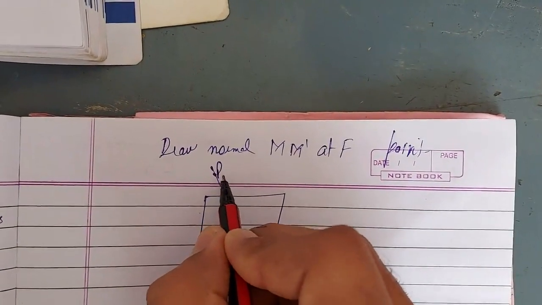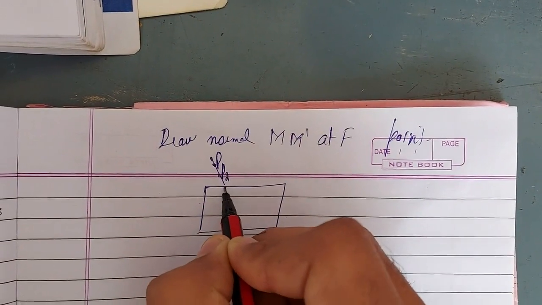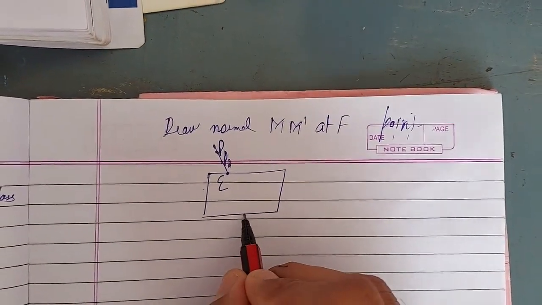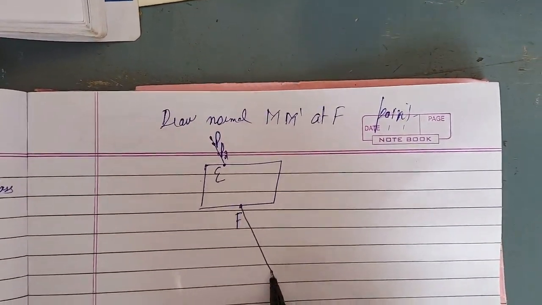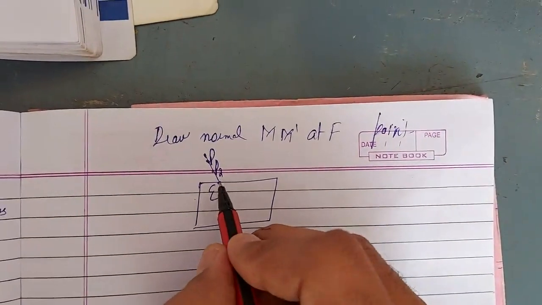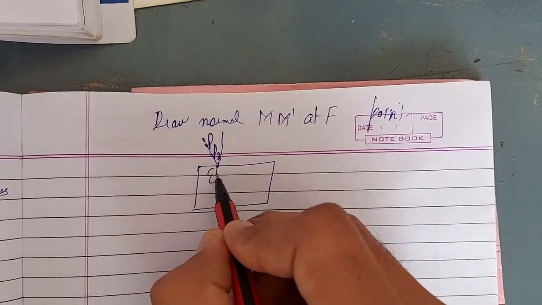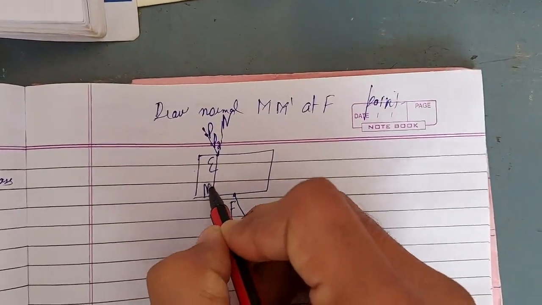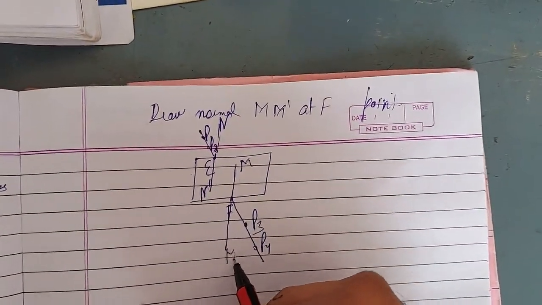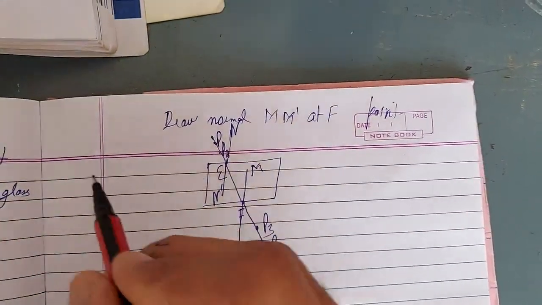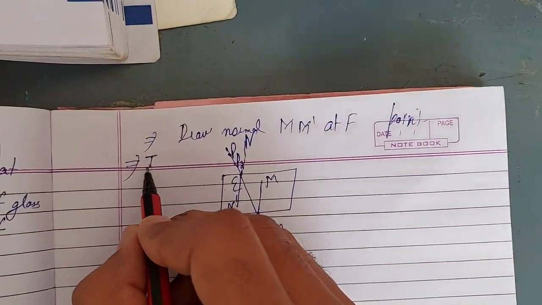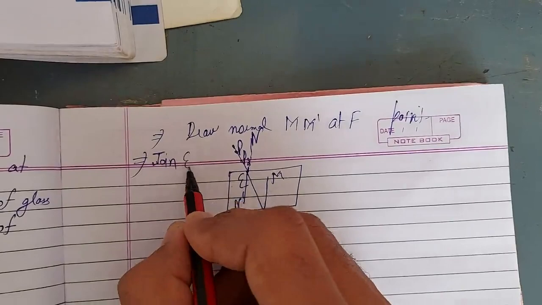This is P1, this is P2. It is meeting at point E, and it is meeting at point F. This is P3, this is P4, and we have drawn a normal N dash and a normal M dash. Now join EF. In the next step you will write: join EF.